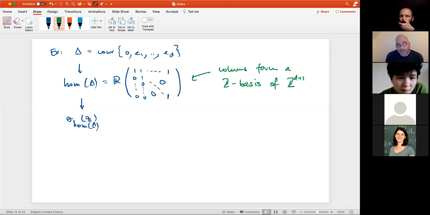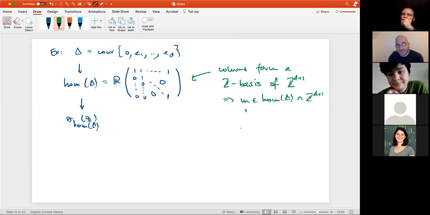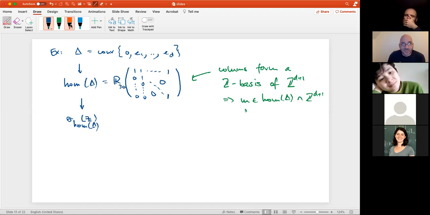And so what does that mean? That means every integer point in this cone, which is what we are interested in, is simply some, sorry, I should have said r greater than or equal to 0.